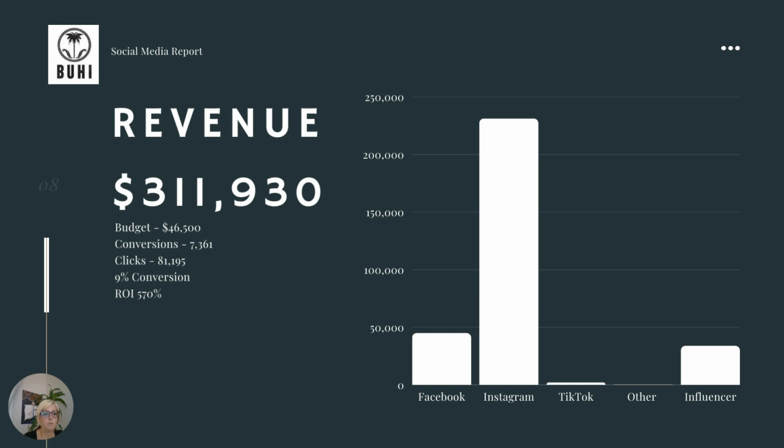And overall revenue, we received a 9% conversion rate, gaining $311,000 in revenue. And you can see a switch in which platforms and strategies worked the best, in that the influencer impact was significantly lower, while the organic and paid posts specifically on Instagram were higher, which helps to provide insights on further marketing strategies.